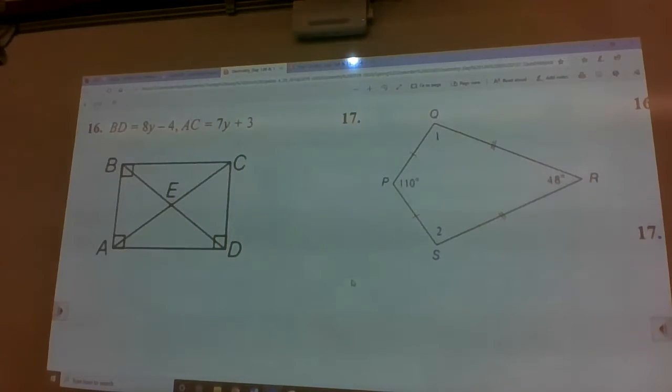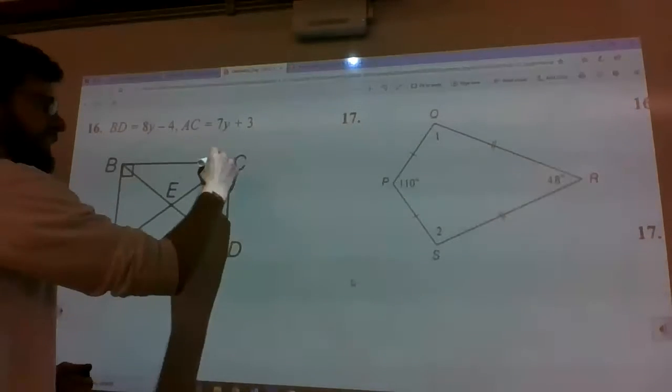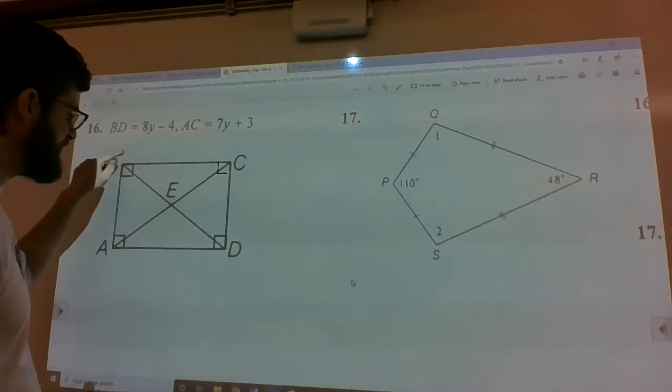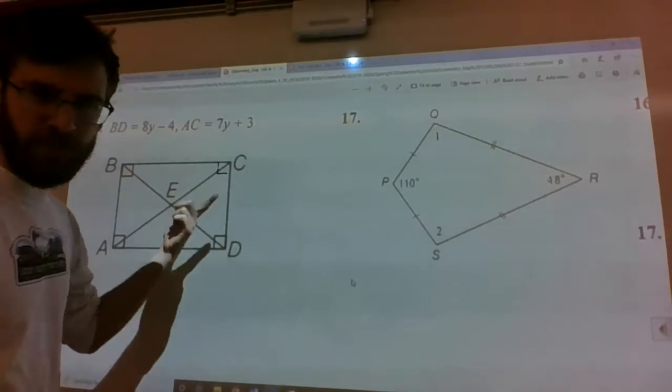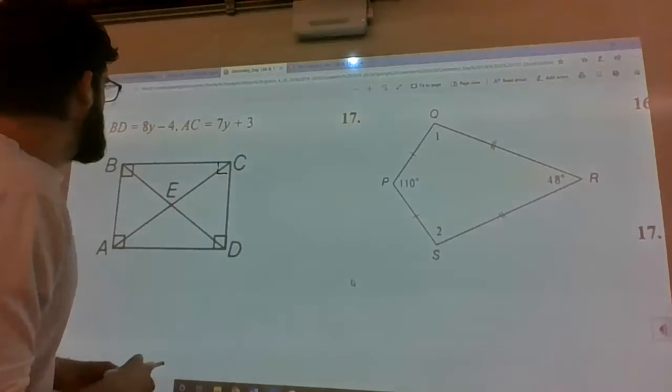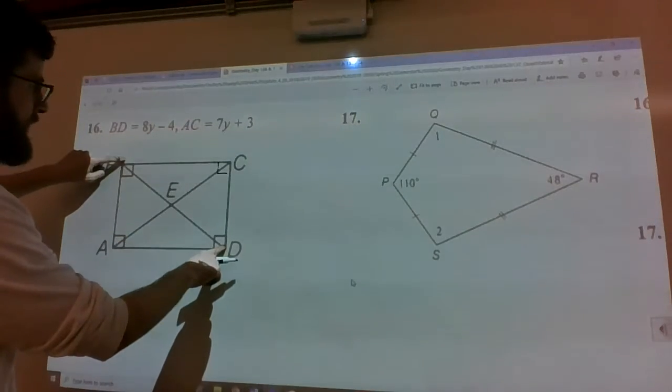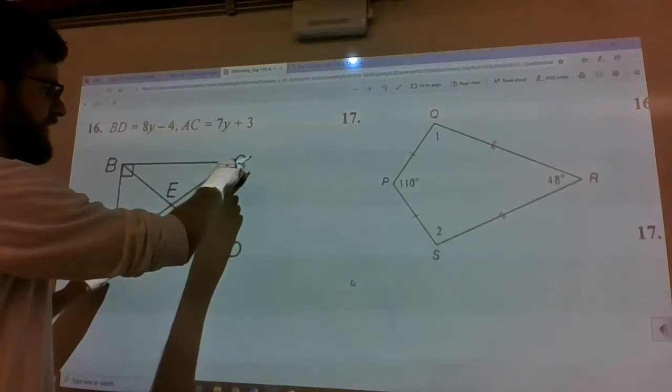Over here, we've got a rectangle. They don't say that this is 90 degrees, but if this whole thing adds up to 360, you can take 360 minus 90, 90, 90, and you'll get to 90 for that one. Now, this says that BD is 8y minus 4. AC is 7y plus 3.